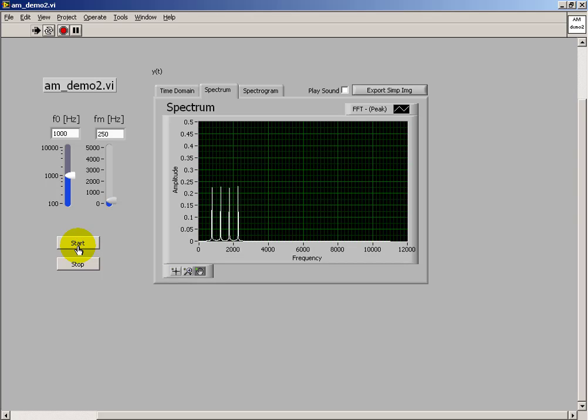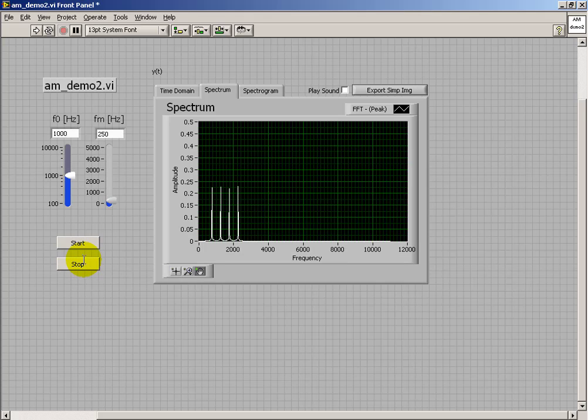Now that sounds like pretty much a single note. And that sounds less of a distinct note there. Rest the ears a moment.